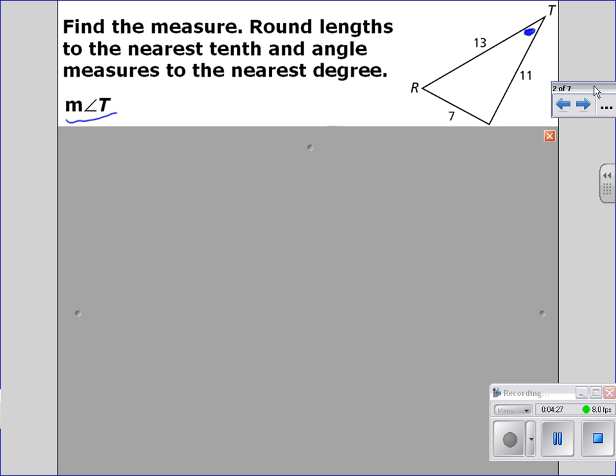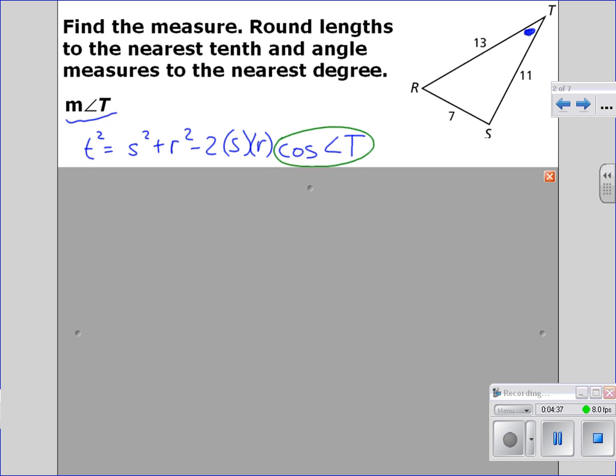We are going to find angle T, so we set up basically the same idea. T squared, this side squared, equals the other two sides squared. So S squared, S is across from angle S, plus R squared, R is across from angle R, minus 2 times S times R times the cosine of angle T. Angle T is my unknown.